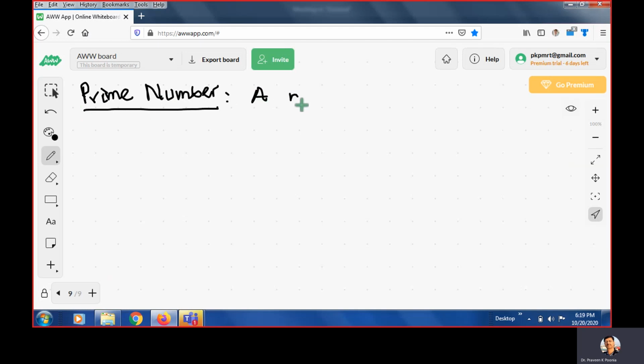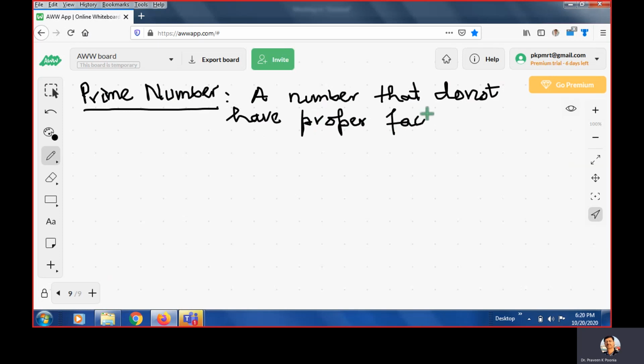A number that does not have proper factors is called a prime number.